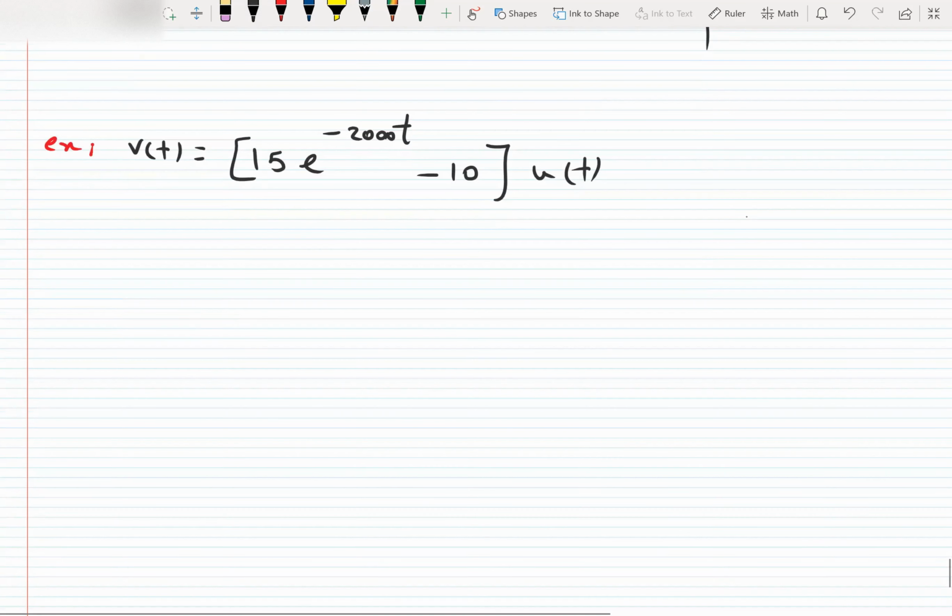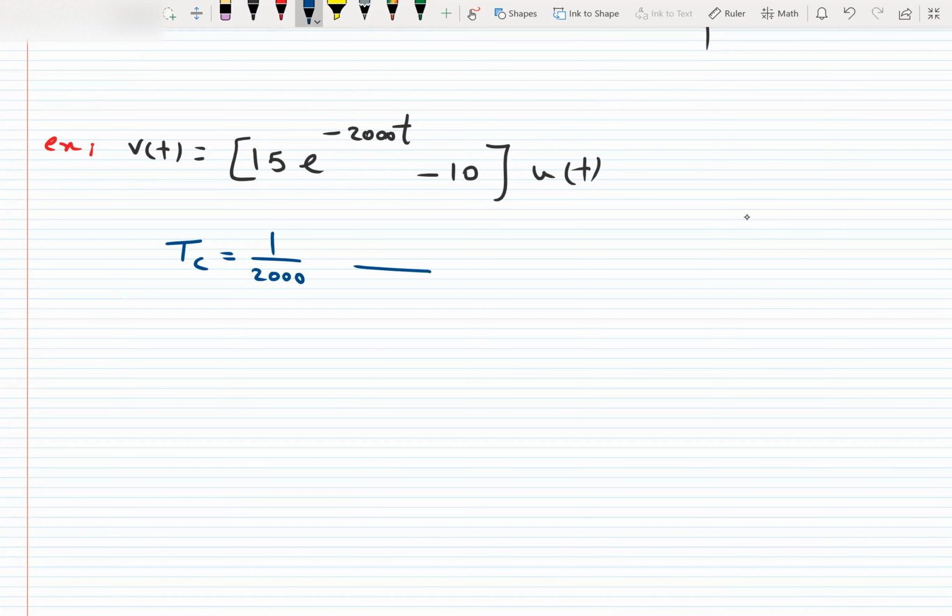Okay, so the first thing in sketching an exponential signal is to find the time constant, which is tc. So tc is equal to 1 over 2000.